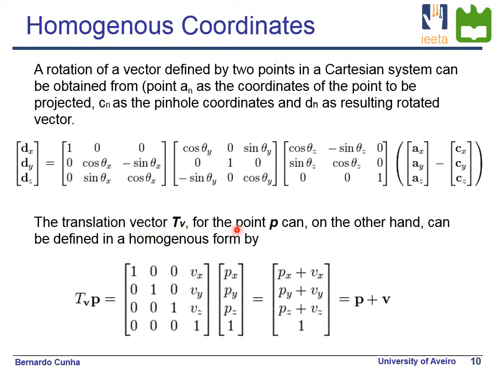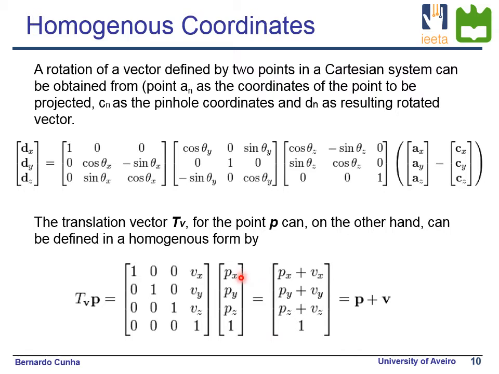In the translation, there is no rotation, but you simply move a point P from one point in space, from a set of coordinates in space, to another set of coordinates in space. And this transformation can be defined by using a homogeneous transform by this equation that you can see here.